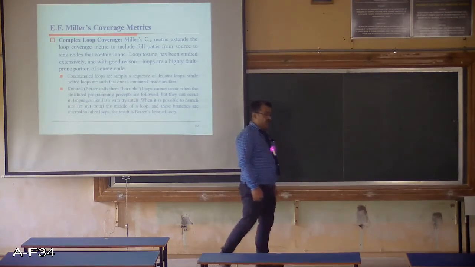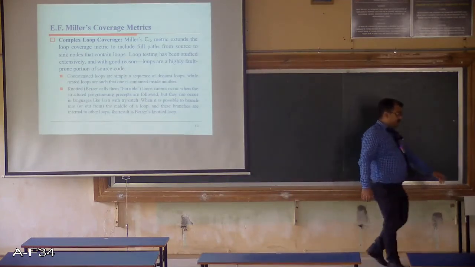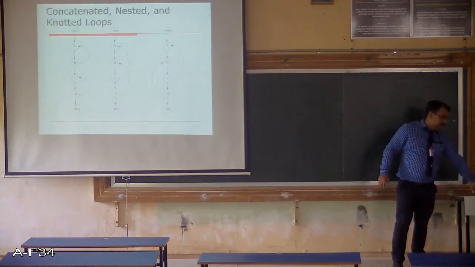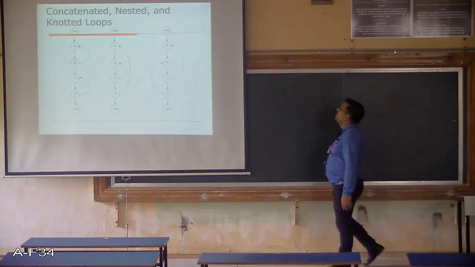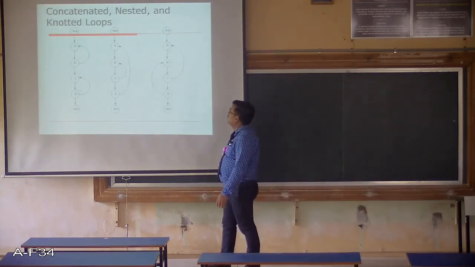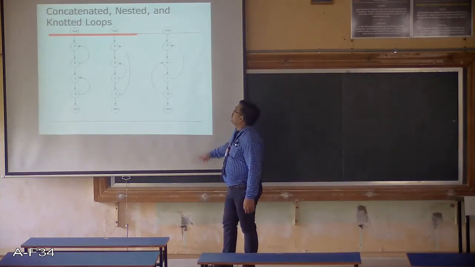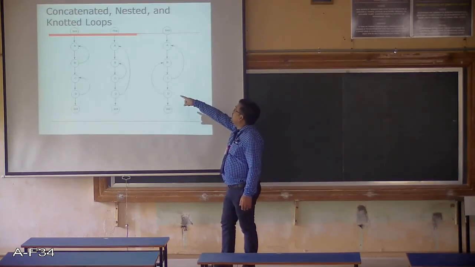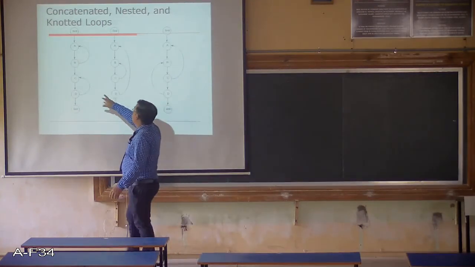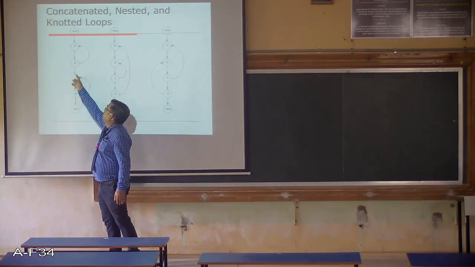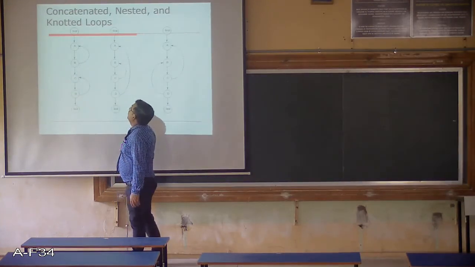This will be clear from the diagram that we have here in the next slide. These are the three different loops that we are considering for the testing conditions: the concatenated, nested, and the knotted. The first one is concatenated, where you have small simple loops followed by another in sequence. They are called concatenated loops.